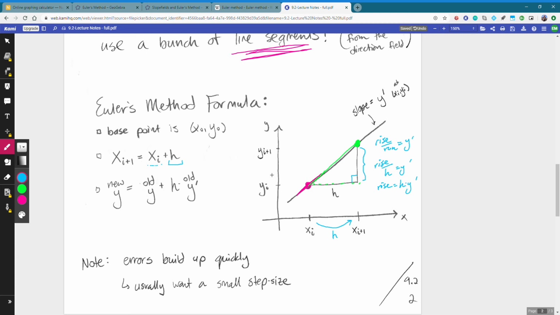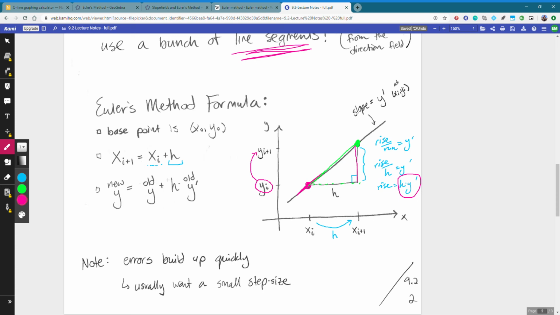So to move from our starting or current y value and get to our next one, well, we just want to take our current y value and add on this rise, right? We need to add on this change in y that we get, h times y prime. And that's really all this formula says. Right, we're going to take our old y.